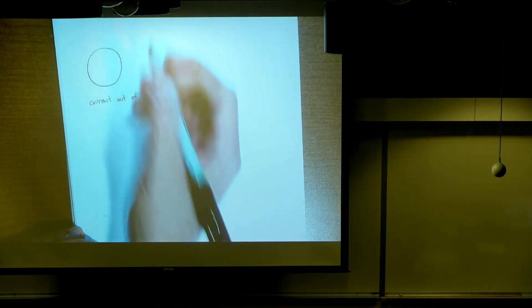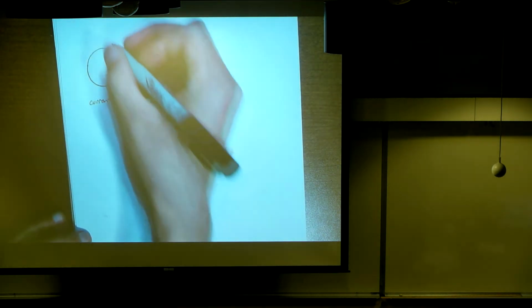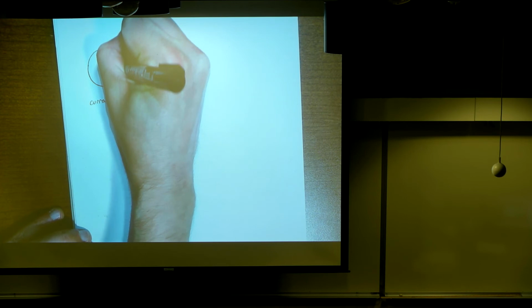Now, we know what the B field looks like. It's going to form loops around the center of the wire. And by the right-hand rule, if the current's coming out of the page, that B field should be going counterclockwise. So I'm going to draw just one of those B field loops like this.